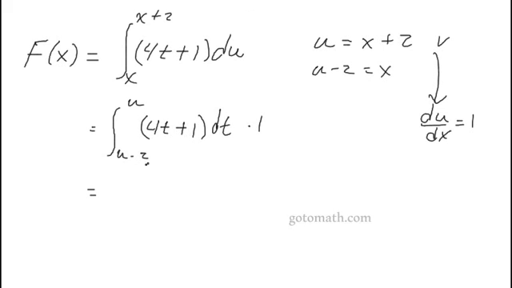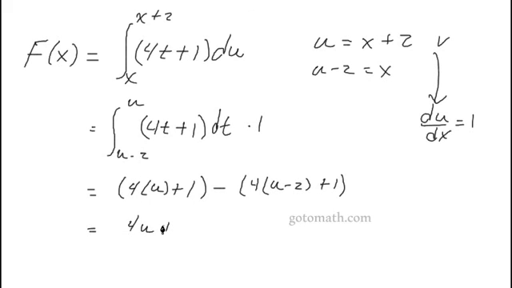So remember, this becomes 4u plus 1, and I'm going to put parentheses around this, minus, and we need to do our lower bound, 4 times u minus 2 plus 1. And of course, remember, this number here is just a 1, but this would be multiplied by all of it. But what we can do now is just simplify this down.